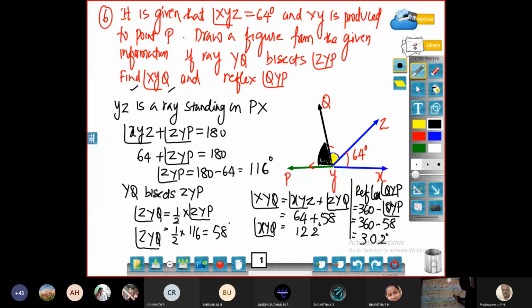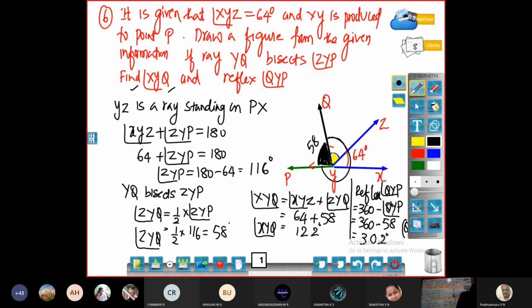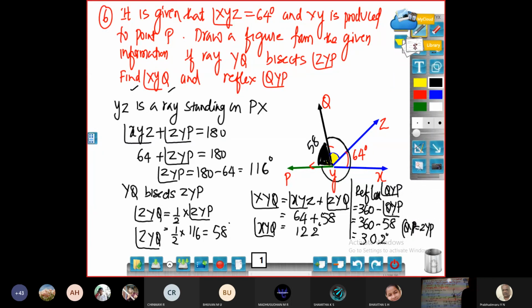So what is the reflex of QYP? The opposite side, the other side, the complete angle. Is it clear? QYP is the same as this 58 degrees because QYP is equal to ZYQ, both are the same.